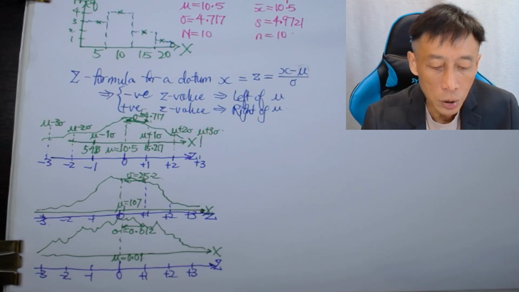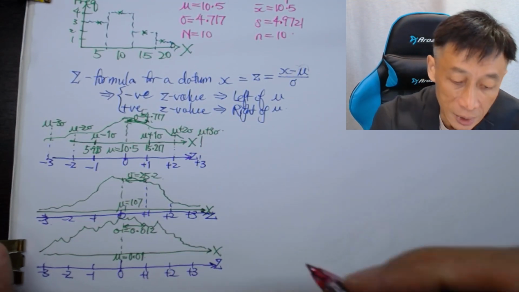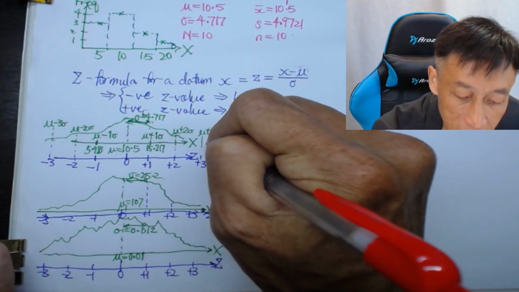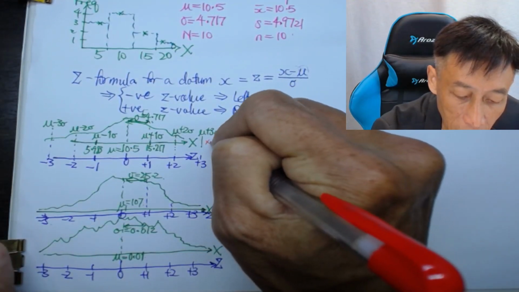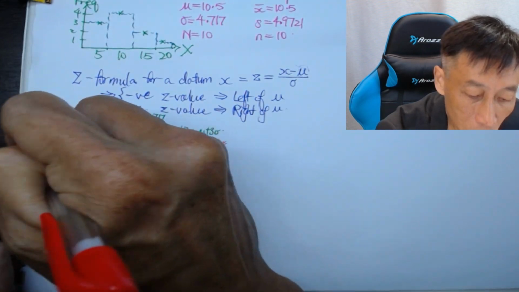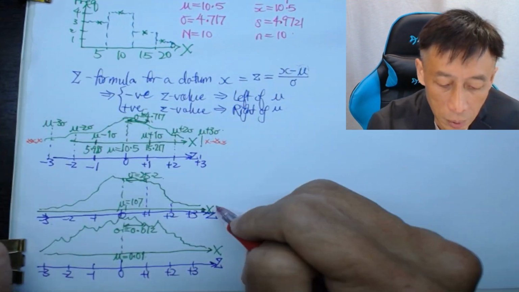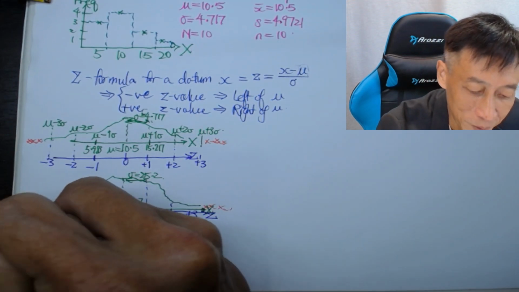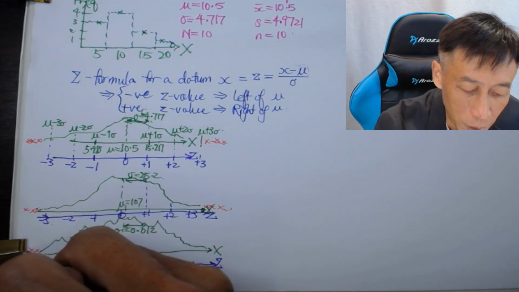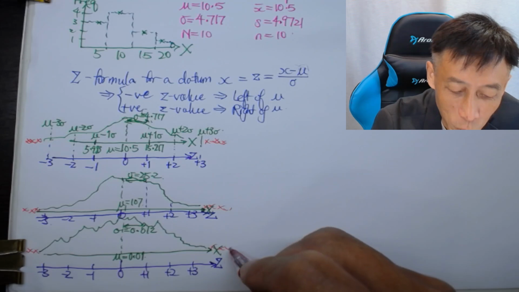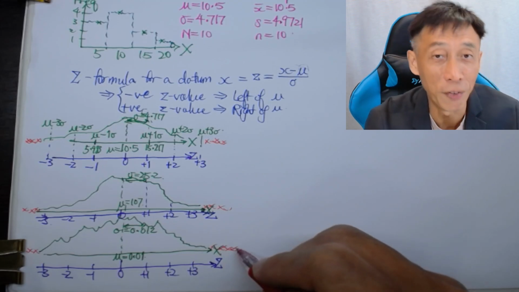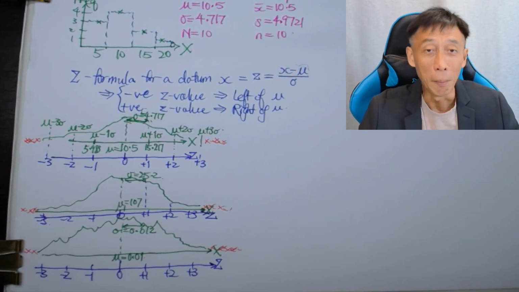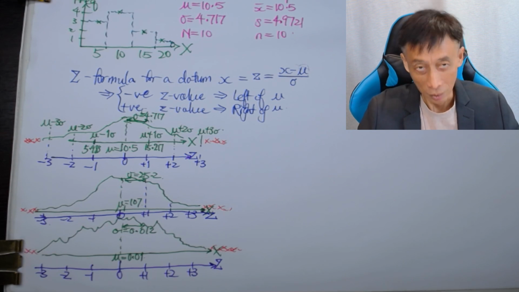Why is this good? Because any data that lies typically beyond ±3 of z will be considered outliers. So any data set, we can detect outliers by converting the data set to z values, right?